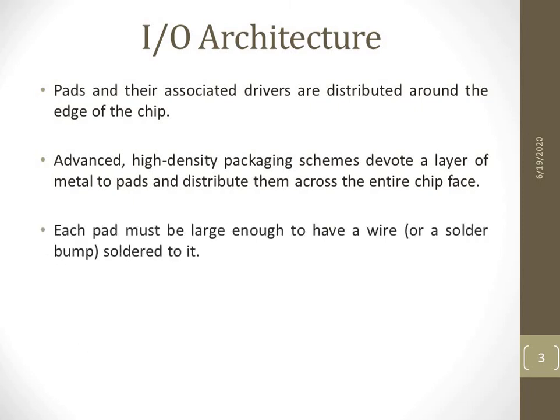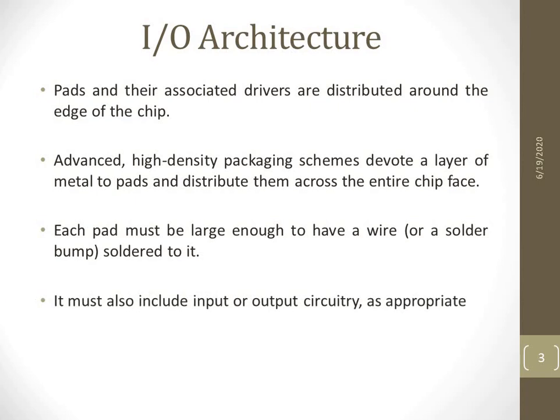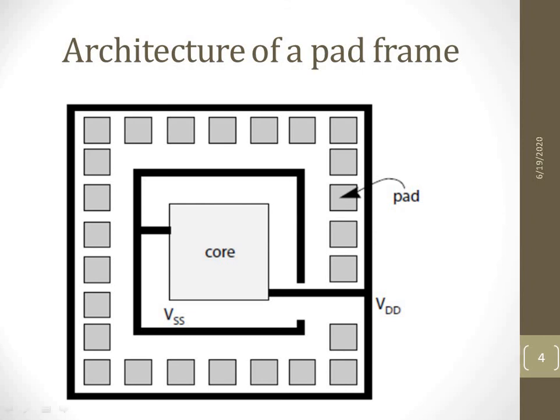Each pad must be large enough to have a wire or a solder bump soldered to it. It must also include input or output circuitry as appropriate. Here in the diagram you can see the I/O pads located at the face, not inside the core.